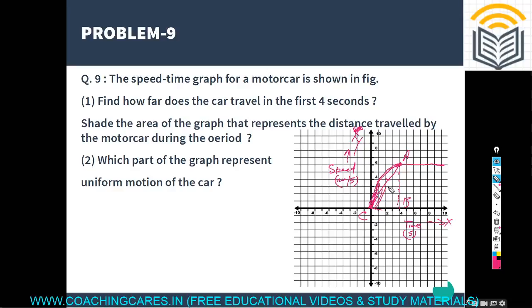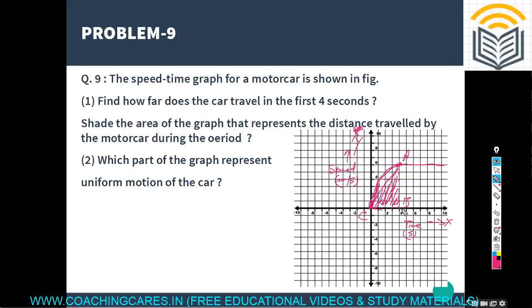This triangle I just make a little bit shaded. This is the situation of this graph. Now what it is saying: the speed time graph of a motor car is given. Speed is on the y-axis as usual and time is on the x-axis. How far does the car travel in the first 4 seconds?